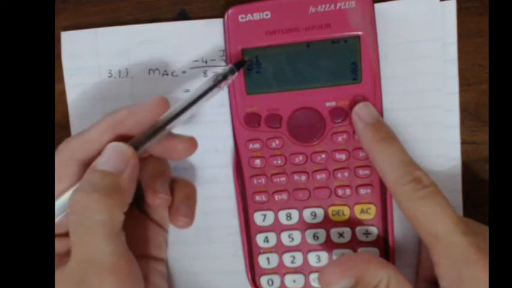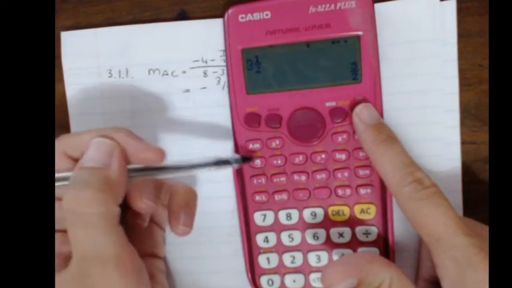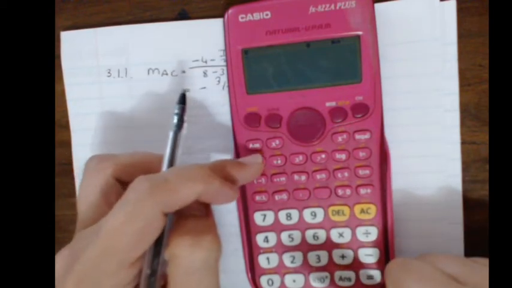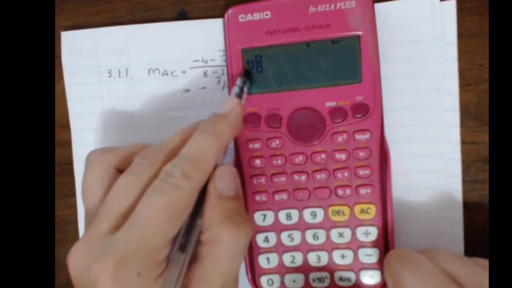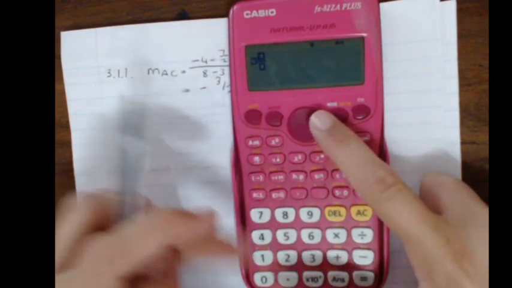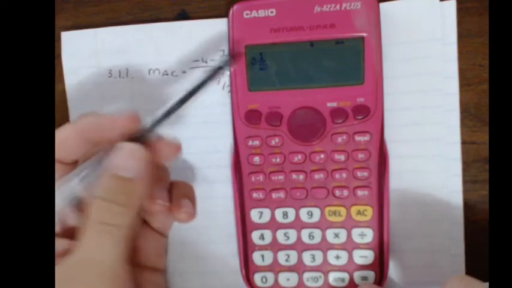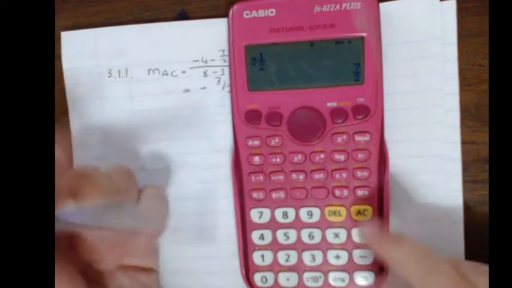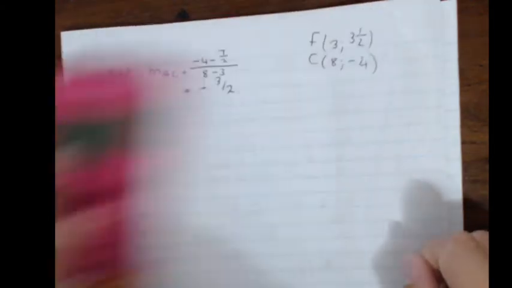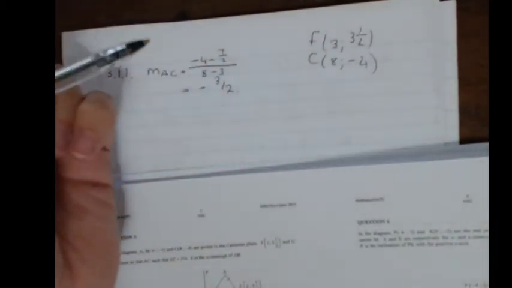So what you need to do is use shift with the fraction button, so that it gives you an option to put the 3 there and then the half, and then you'll see 7 over 2. I rather use the 7 over 2 because it's a little bit less of a problem on the calculator, but if you use the mixed fraction button, that's fine.